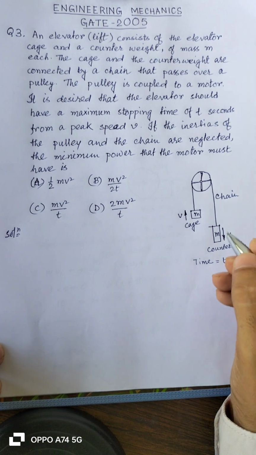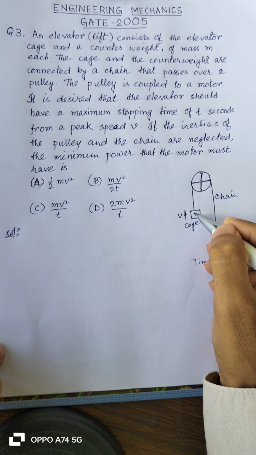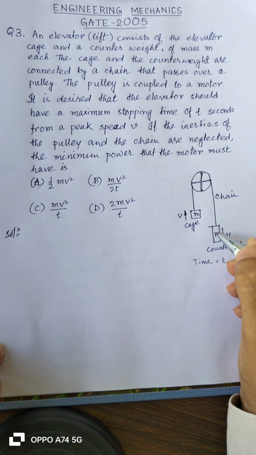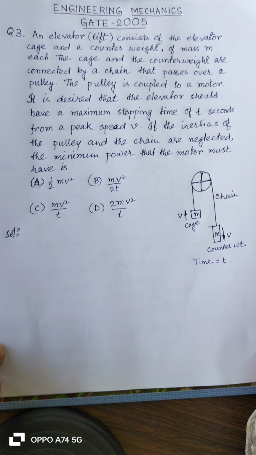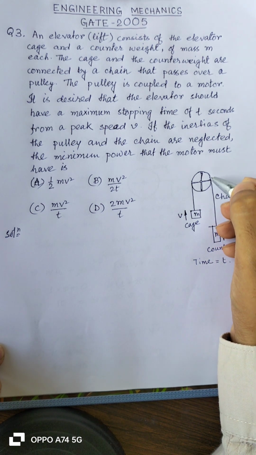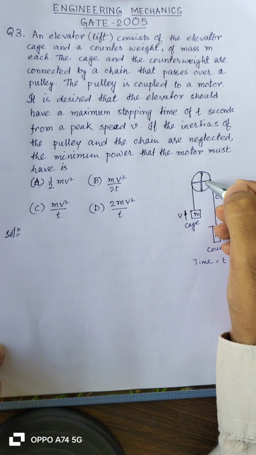So, there is a lift. This is the lift cage carrying a mass M, and there is a counterweight of mass M, and these two are connected with a chain. The chain is passing over a pulley, and this pulley is connected with a motor.